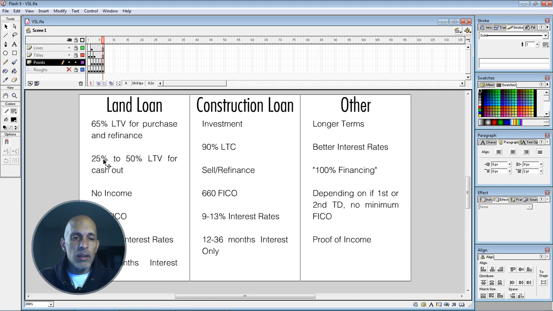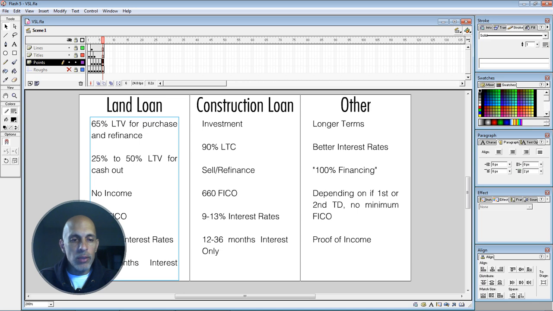Cash out wise, and even purchase and rate and term refinance on just plain recreational land and non-construction based land, we're looking at somewhere between 25 to 50% LTV for the cash out purchase or refinance. These are more hard money side, no income. 680 FICO is probably on the low side. I would say it's closer to 700 FICO for commercial construction projects, and maybe 580 FICO, 580 credit score on the hard money side, because it is vacant land.